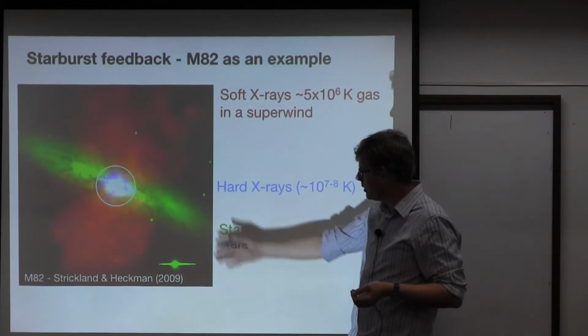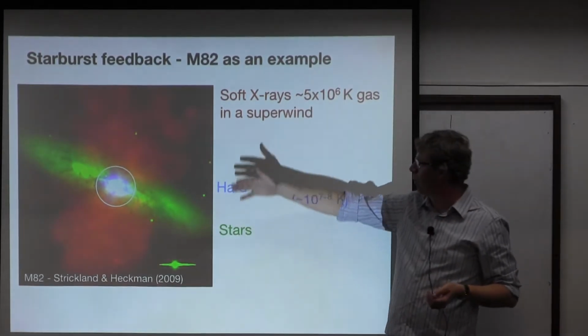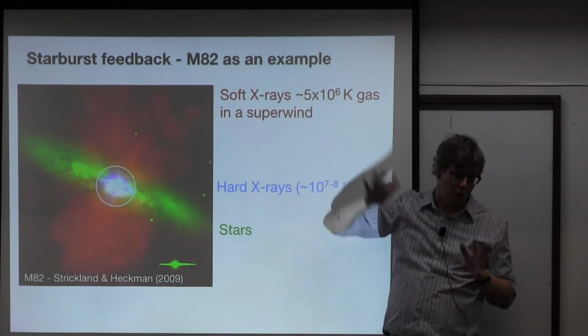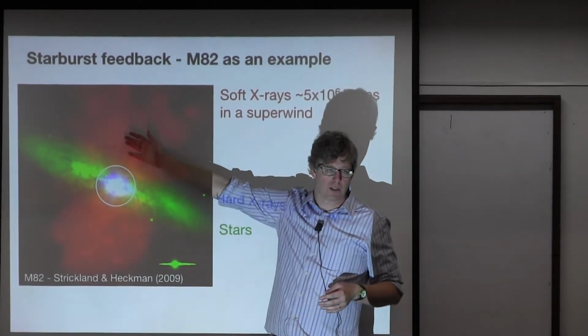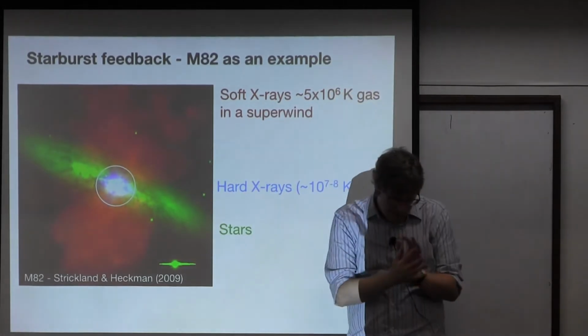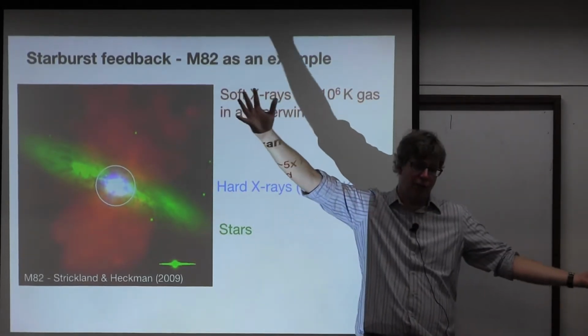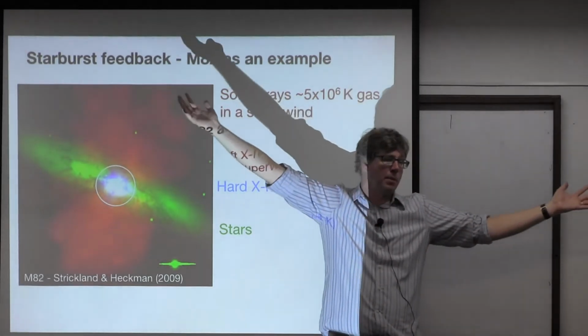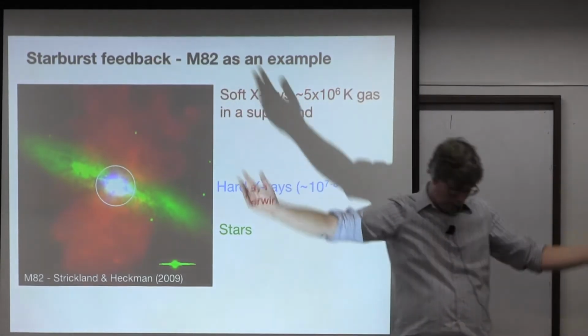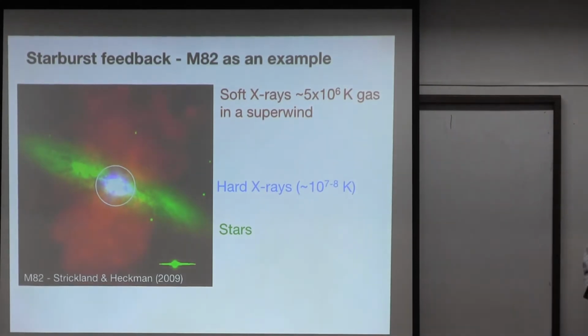Or in this particular plot, it's also X-rays, but low energy X-rays. If you plot this with hydrogen alpha instead, it looks very much the same. And so that's gas that's being pushed out of the center. And we know that happens, okay? And some of that gas is going to disappear from the galaxy completely, okay? So if you do that well enough, you get rid of the gas in this galaxy.